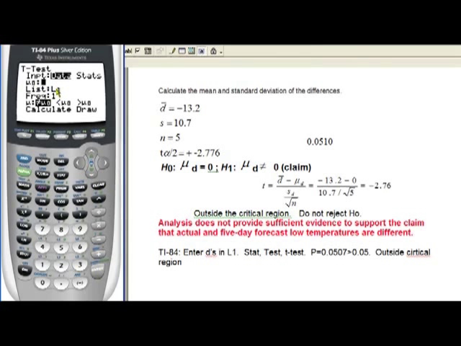If it's in L1, you put L1. And you put not equal to, which comes from the H1. All you have to do is go Calculate. When you do this, you see the p-value is 0.0507. It's barely greater than 0.05, but nevertheless, it is greater. You are outside the critical region, so there is not sufficient evidence to support the claim that actual and 5-day forecast temperatures are different.